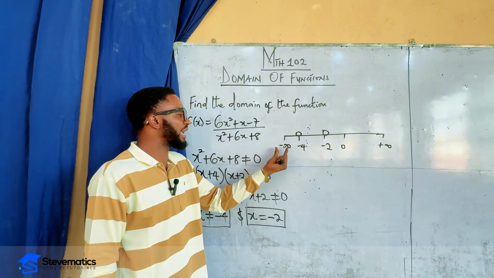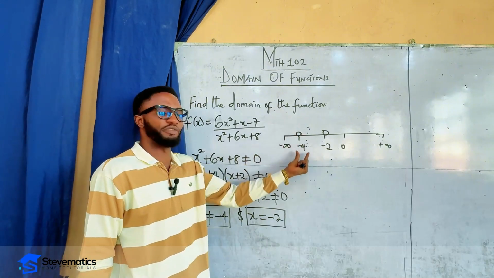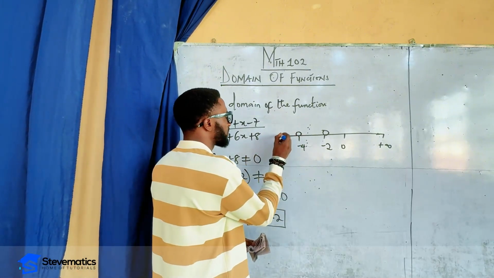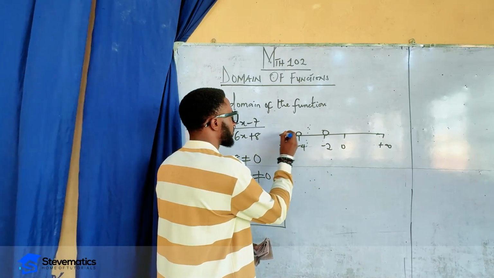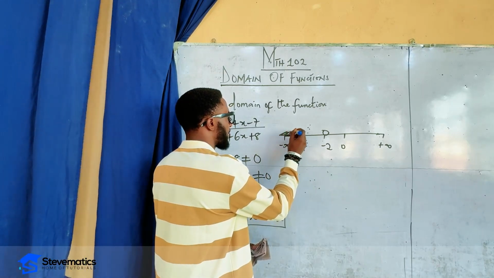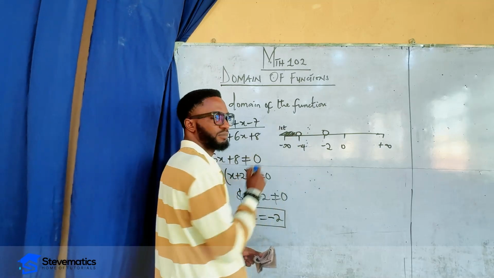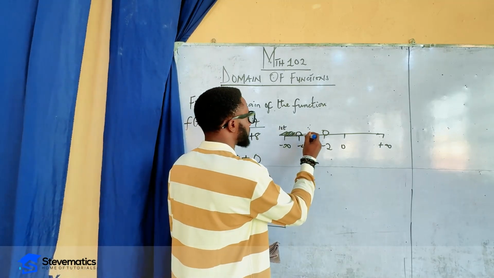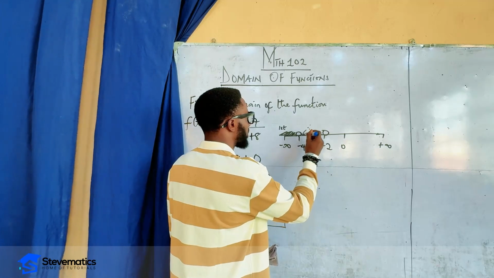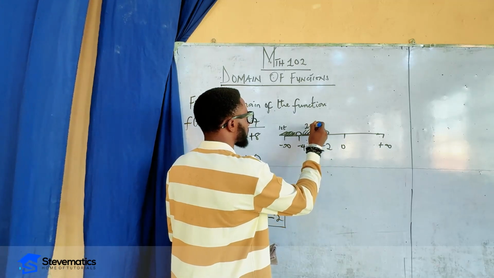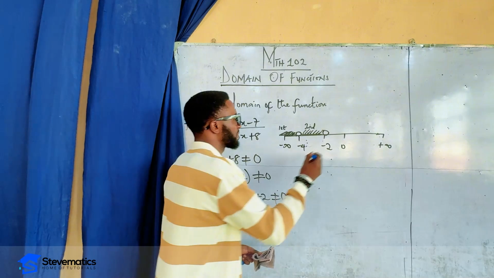Every other point from negative infinity running to -4. That's the first interval, from here to here. And every other point running from here is the second interval.